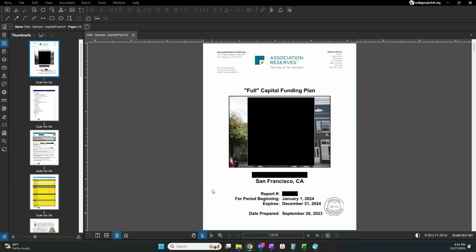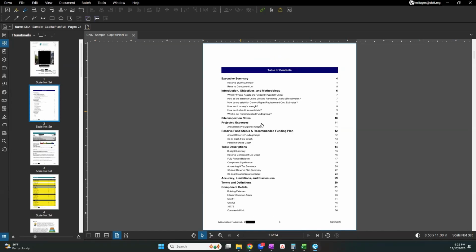And then from the asset manager, they will request financial information about the reserve funds that are available. There's always a handy table of contents, so please reference that if you're skipping ahead to different portions of the report.